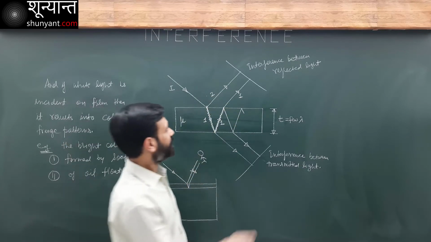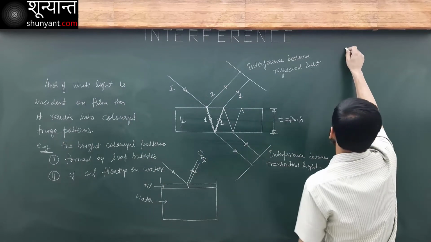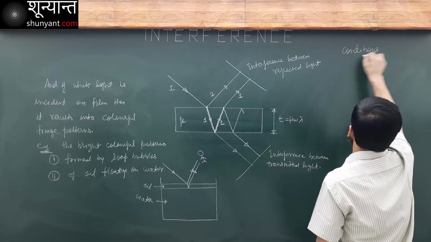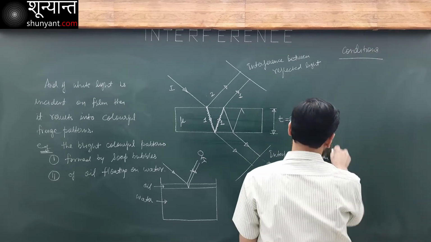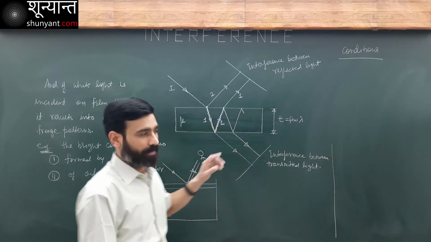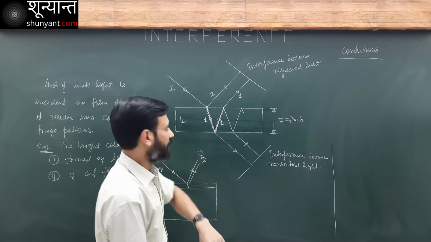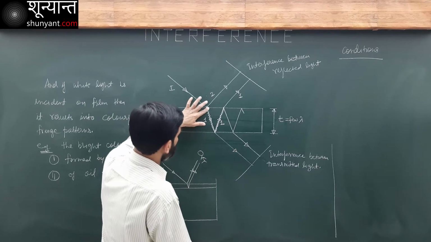Now, what are the conditions? Let's write the conditions here. Now, this interference is happening between which light?